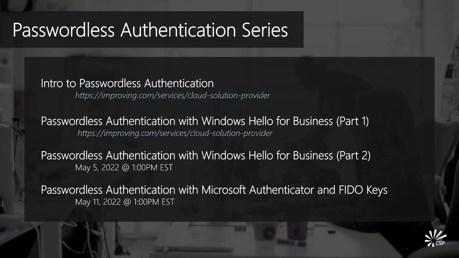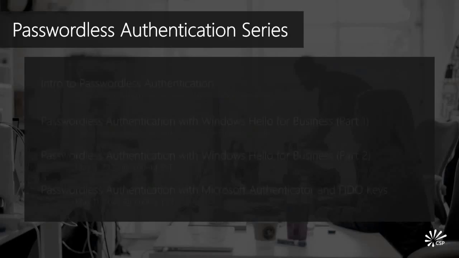Today we're going to talk about taking what we've gone over in those two previous sessions and putting it into practice, going through some demonstration on how to set Windows Hello for Business up in a real environment. And then next week we will wrap up our passwordless authentication series with focusing on the Microsoft Authenticator and FIDO2 security keys as passwordless authentication options.